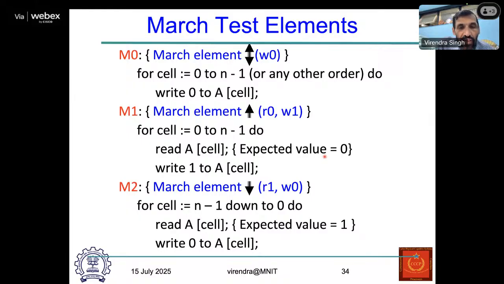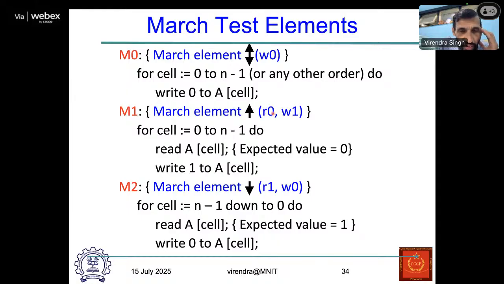If it is not, it has stuck at 1 fault, and then you write 1 to that. This rising symbol here says that I take addressing from 0 to n minus 1. Do two operations with this.